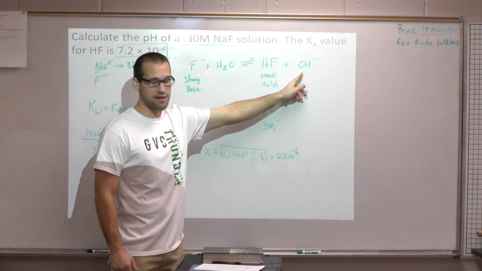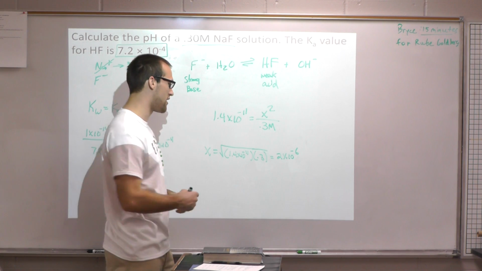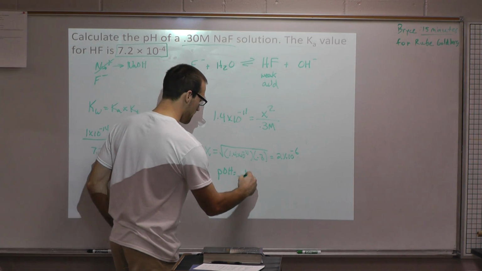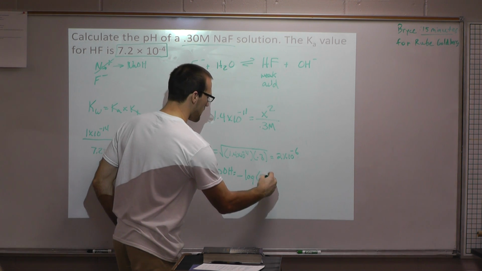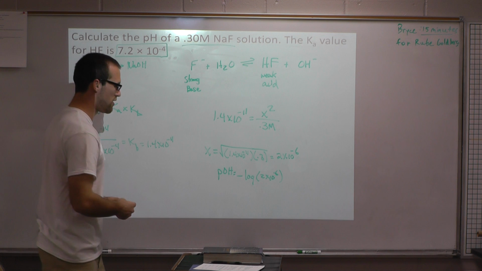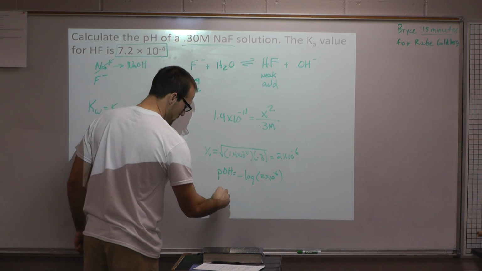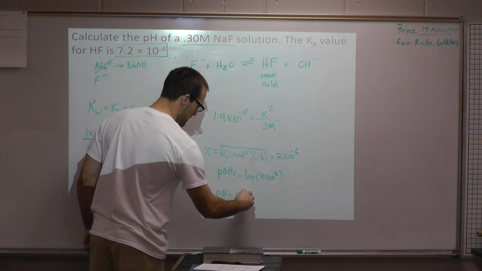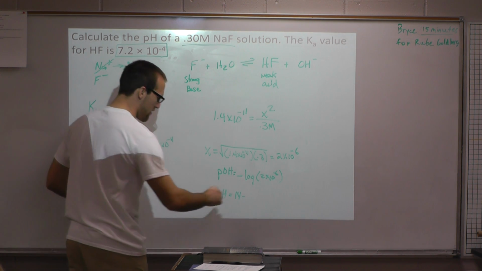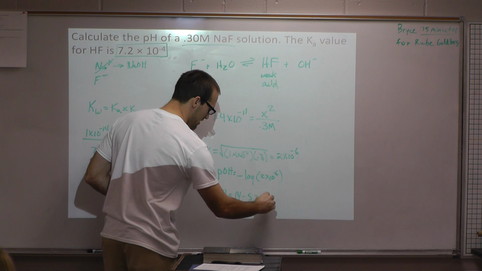You do not just take the negative log and call it good. If you take the negative log of that, you're going to get pOH. Then pH is 14 minus whatever that is, and your negative log gives you 5.7. So then your pH is what?